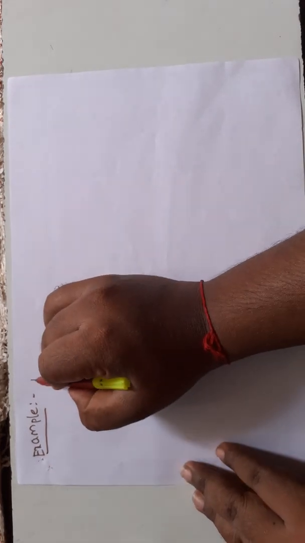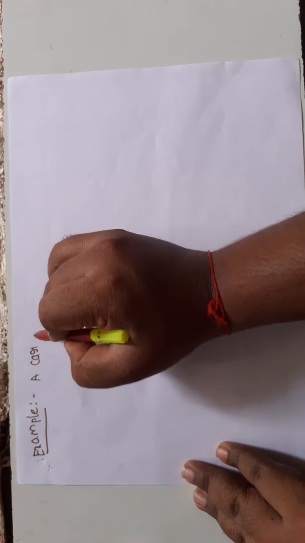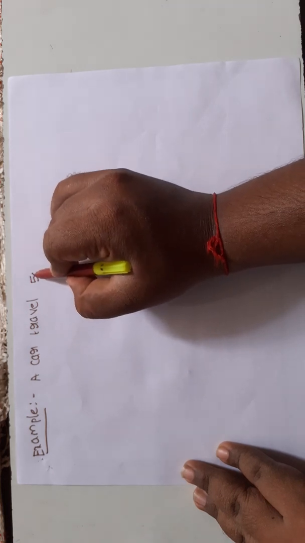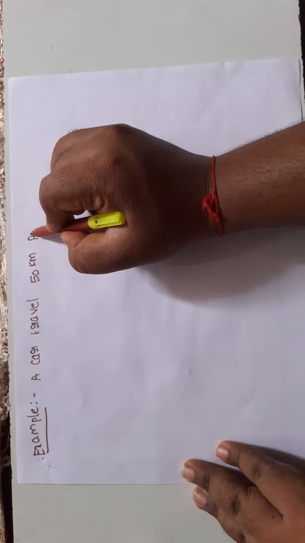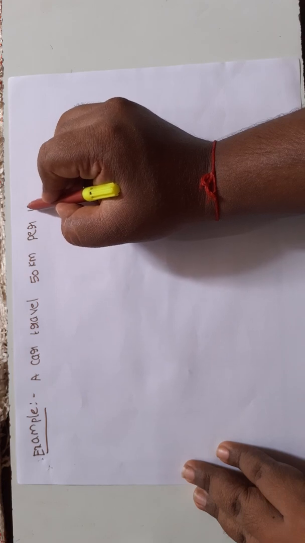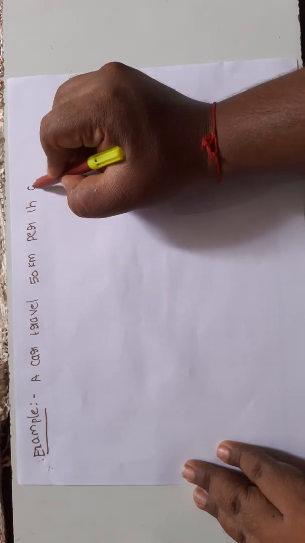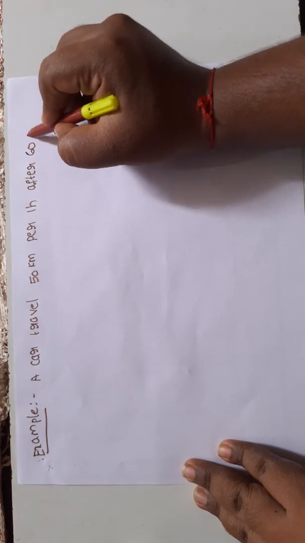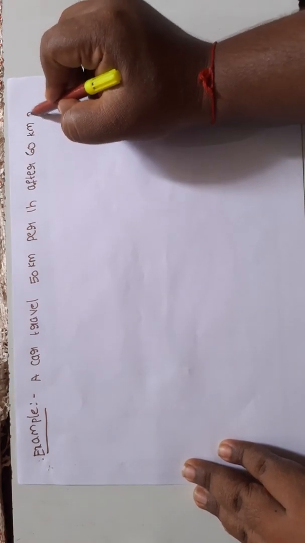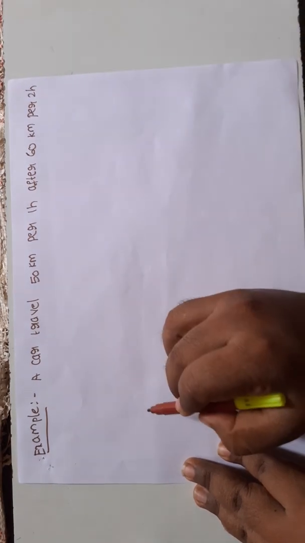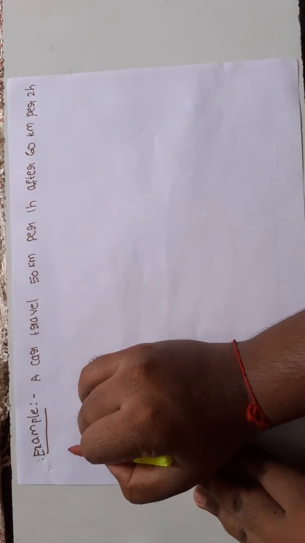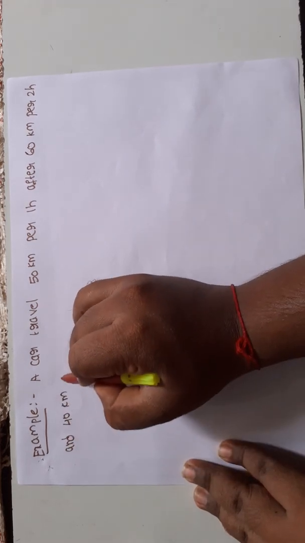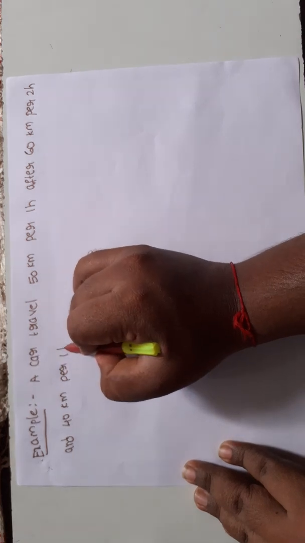A car travels 50 kilometers in 1 hour, after that 60 kilometers in 2 hours, and 40 kilometers in 1 hour.